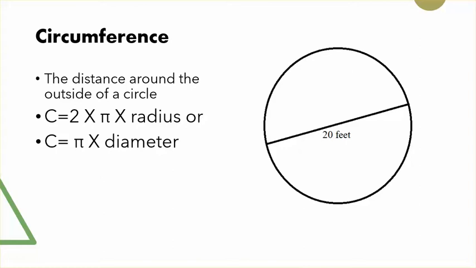Let's try another one. In this case, notice that I'm given the segment that goes all the way across. That means that I have the diameter. Now, if the diameter is 20, that means that the radius is 10. So I could find the radius and use the first formula, or I can just find diameter times pi.